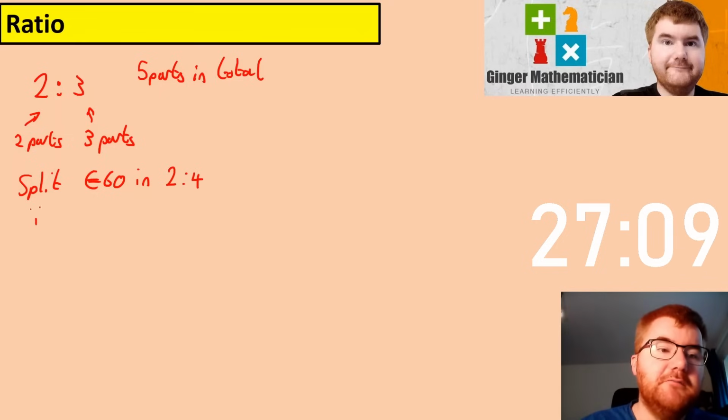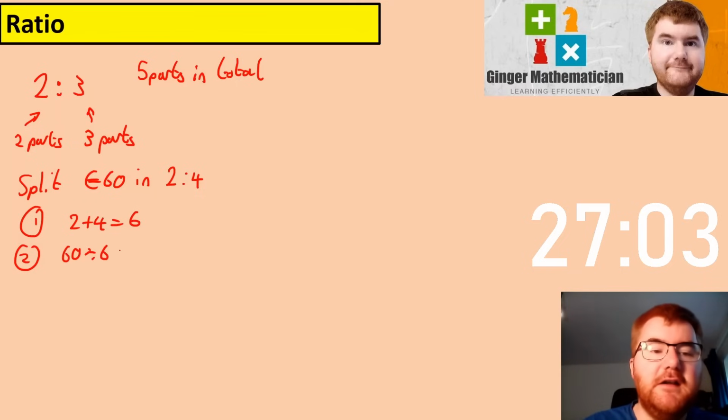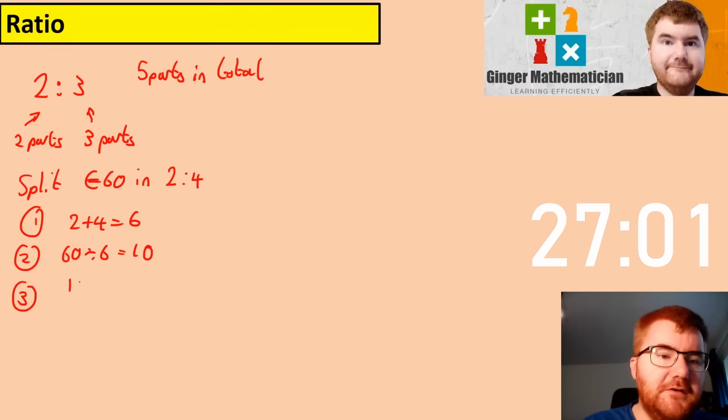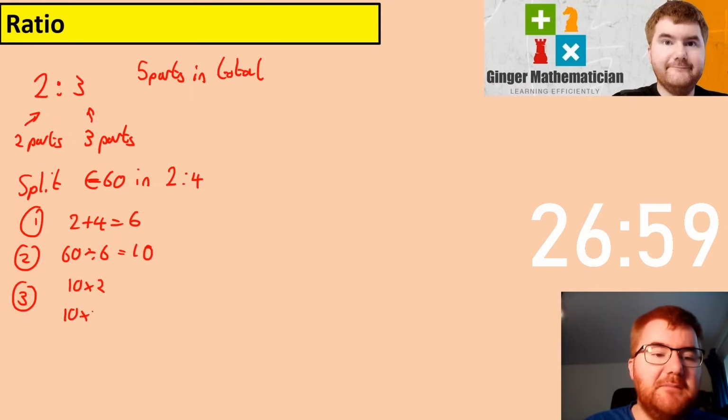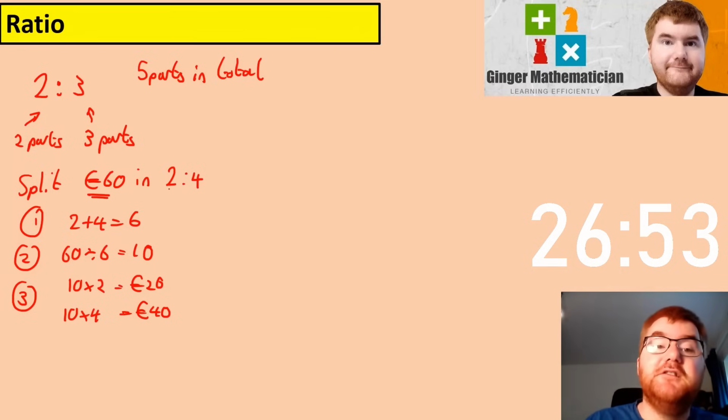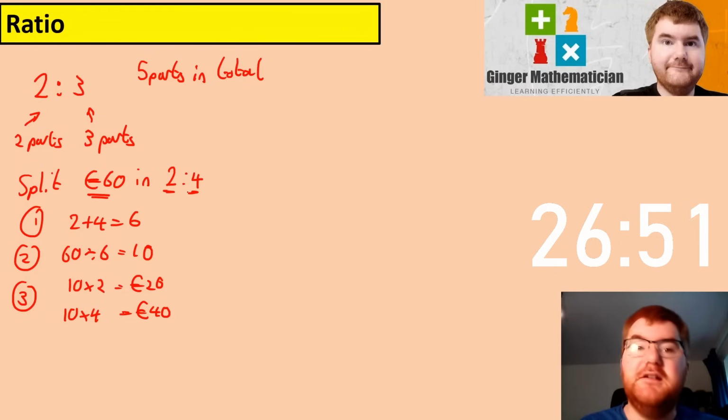The way we do this, 3-step procedure, 2 plus 4 is 6. And then we do 60 divided by 6, which is 10. And then we do 10 times 2, 10 times 4. That gives us 20 euros and 40 euros. So I've split the 60 euros into its parts here as well.